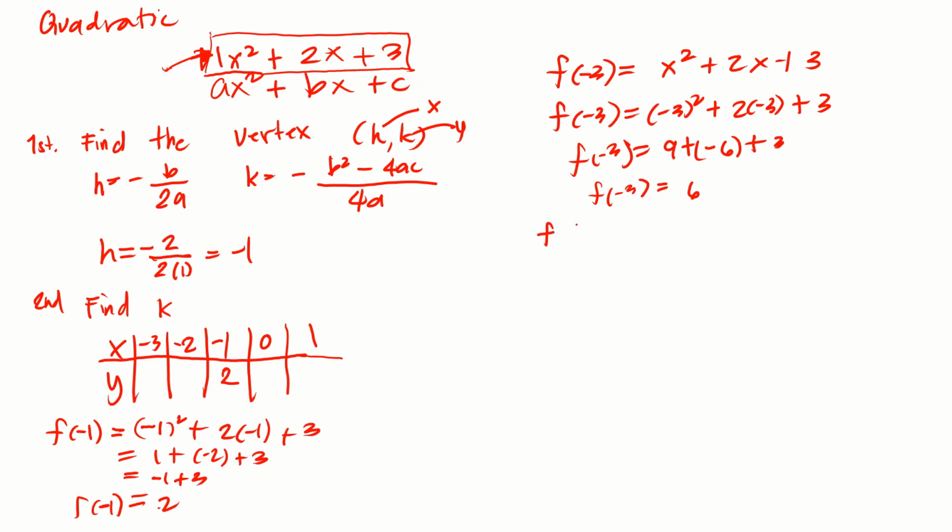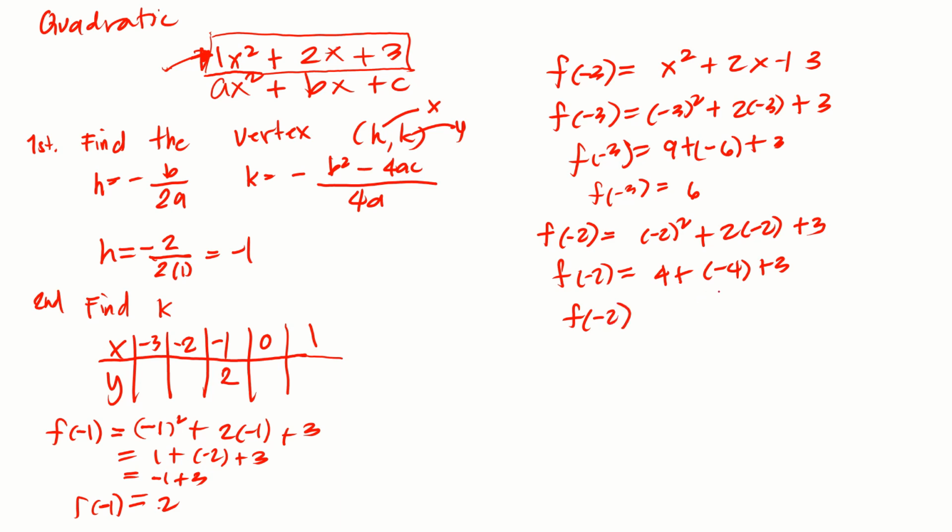For f of -2, so -2 squared plus 2 times -2 plus 3. So f of -2 is equal to 4 plus -4 plus 3, and then f of -2 is equal to 4 plus -4 is 0, plus 3 is equal to 3.